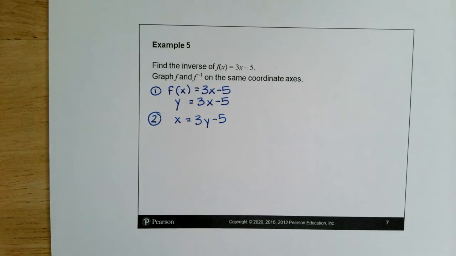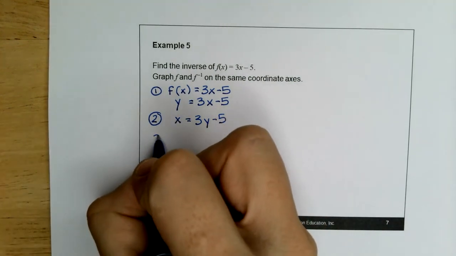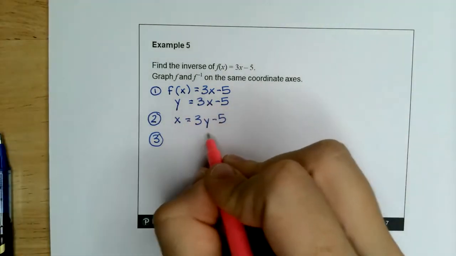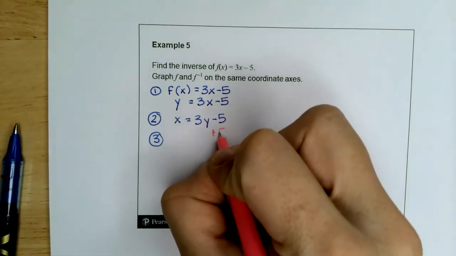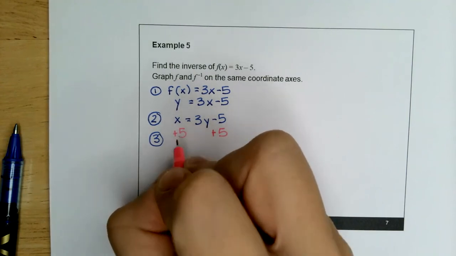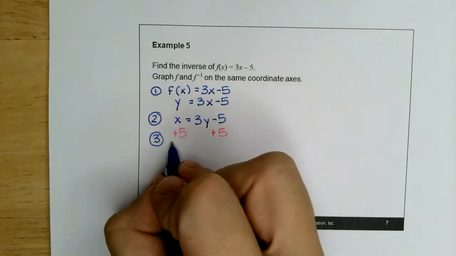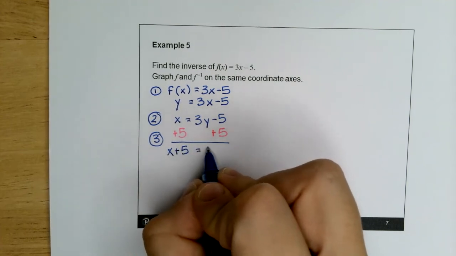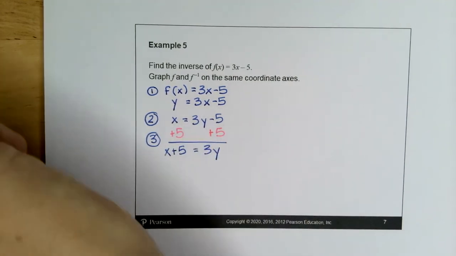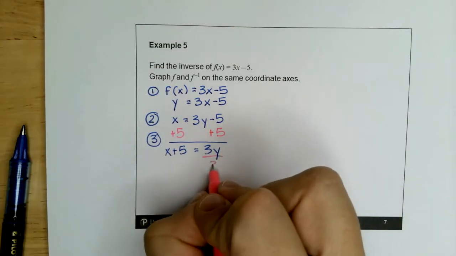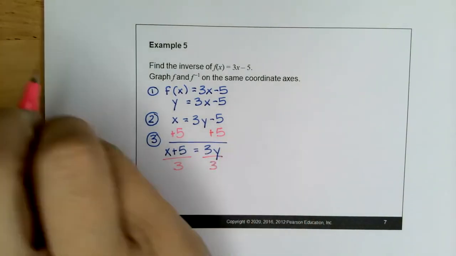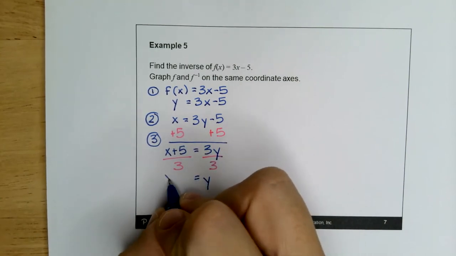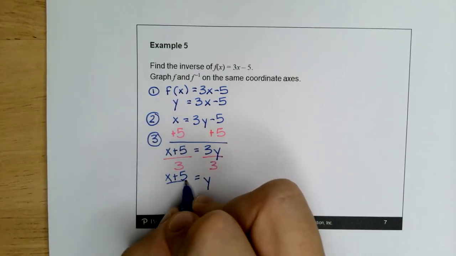Solve for y. All right. Number 3, I'm just going to start where I've written it. Add 5. Add 5. So now I have x plus 5 equals 3y. Divide by 3. Divide by 3. Y is x plus 5 over 3.